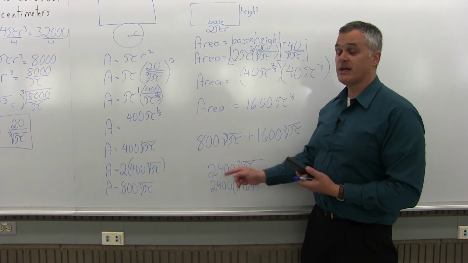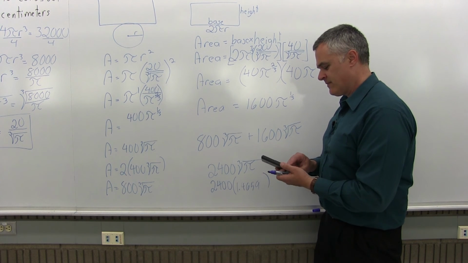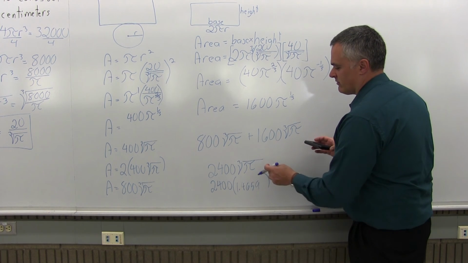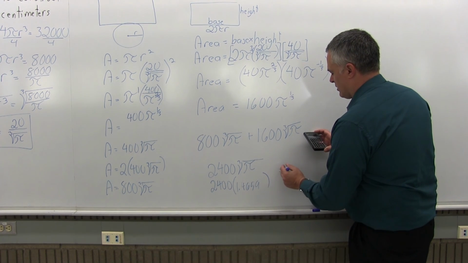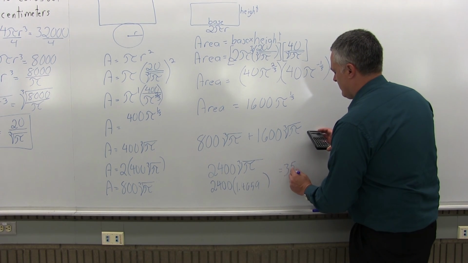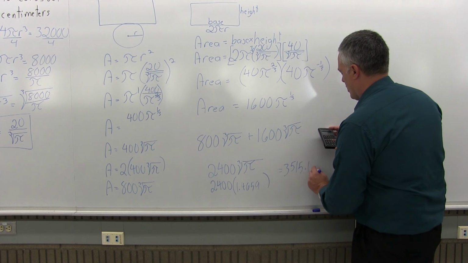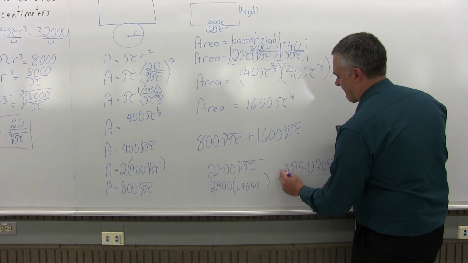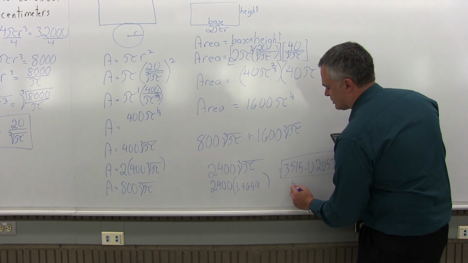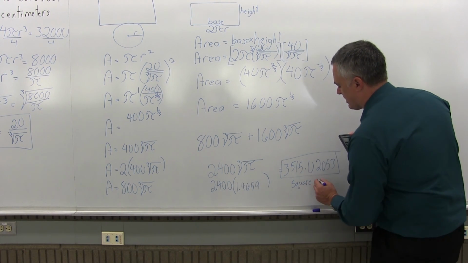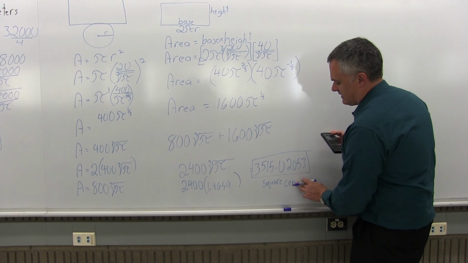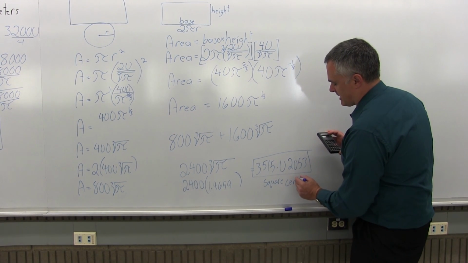I just leave it on the screen times the 2400 in front. So if you wanted a decimal equivalent, you could leave the pi, but if you're curious, 3515.02053. And that would be in square centimeters. So that's the amount of material you would need to make that 16,000 cubic centimeter capacity cylinder.